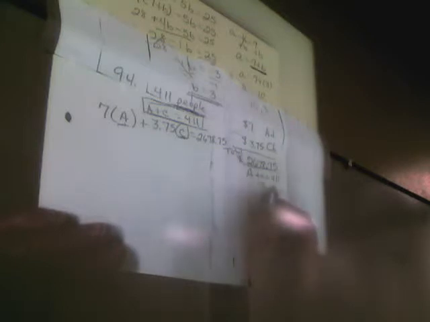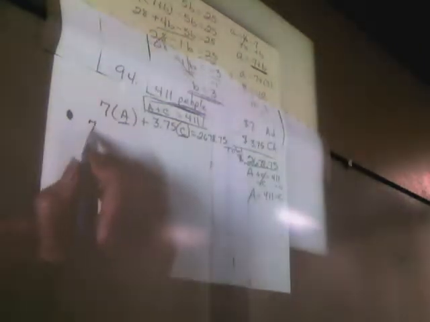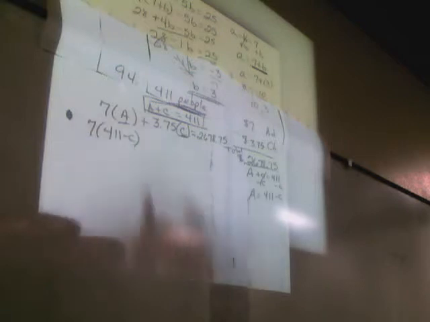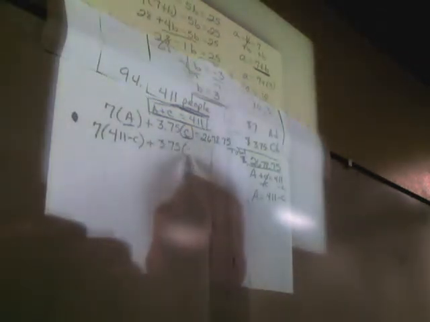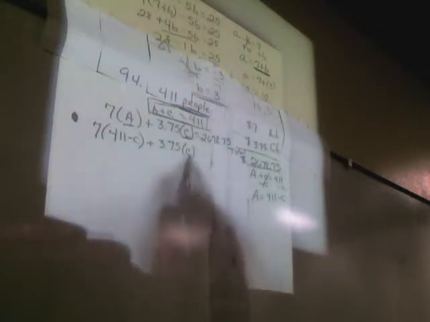If we subtract C, we'll have A is 411 minus C. So we have $7 times (411 minus C) plus $3.75 times C. That's why I did the C. I didn't want to put this crazy thing over here times the decimal. Okay, equals $2,678.75.